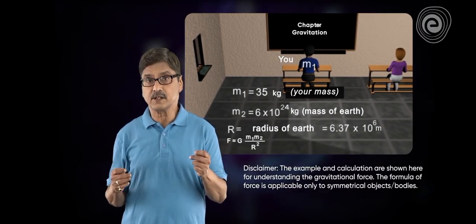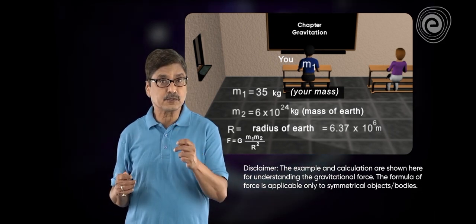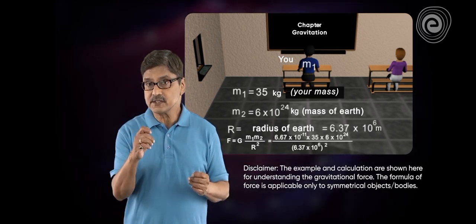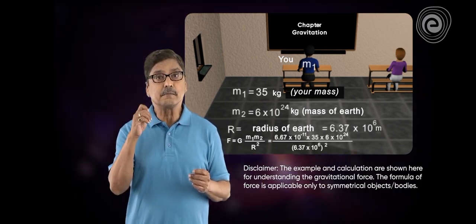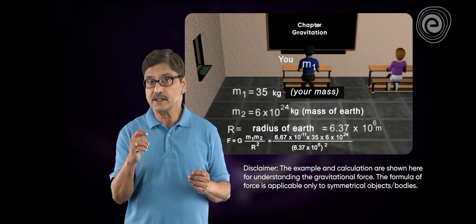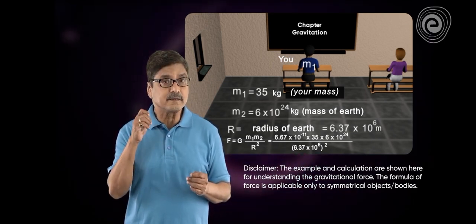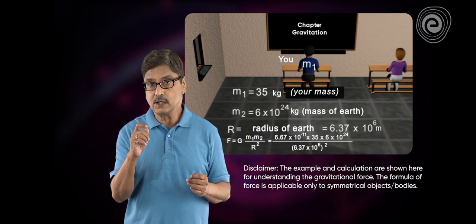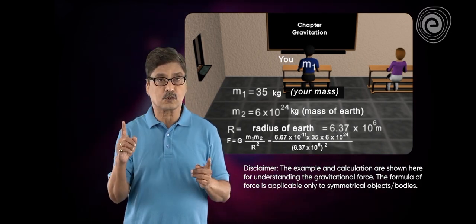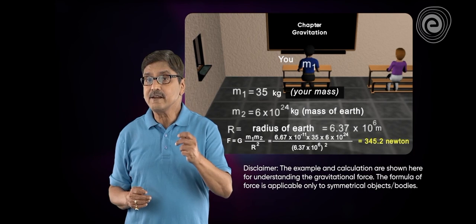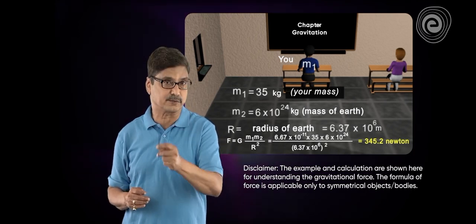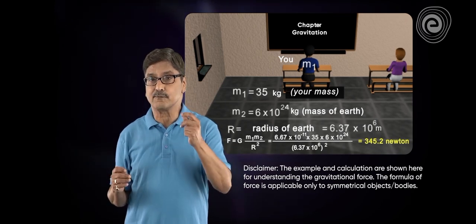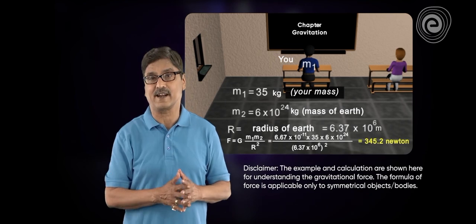Using the equation F is equal to G into m1 m2 upon r square, F is equal to 6.67 into 10 raised to minus 11 into 35 into 6 into 10 raised to 24 divided by 6.37 into 10 raised to 6 whole square, which is equal to 345.2 Newton.